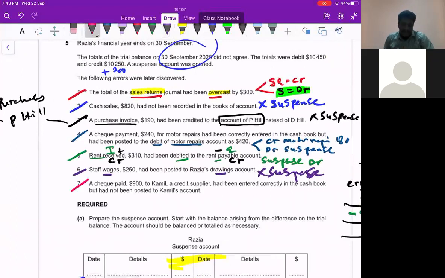A check paid 900 to Kamel, a credit supplier, had been entered correctly in the cash book, but not been posted in the Kamel. We pay to the Kamil, we're supposed to debit the Kamil. They forget to debit the Kamil. So now we will debit the Kamil. The cash book is correct already, so now we'll open the suspense.